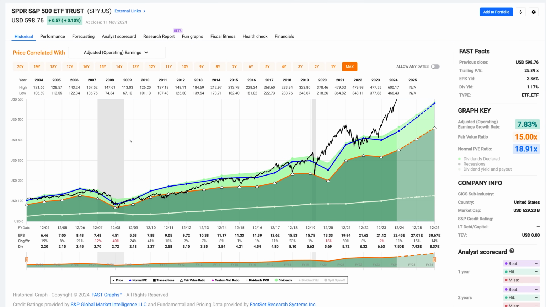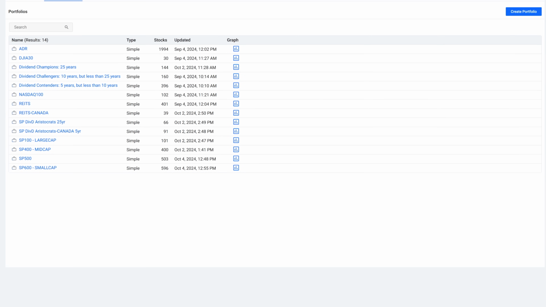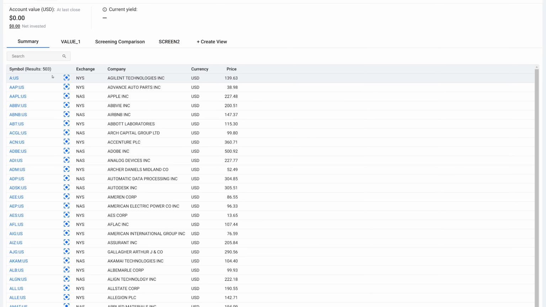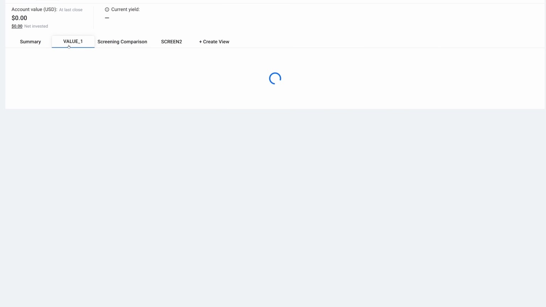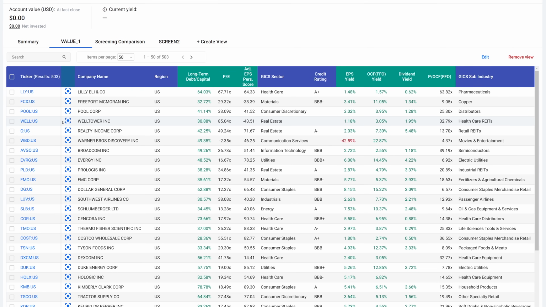But within this group of 500 stocks, there are stocks that are fairly valued, and I thought it'd be worth taking a moment to look at that. One of the things we have in the portfolio section of Fast Graphs is something called preset portfolios. So if I went into the S&P 500 and looked at a view that I call value, which I've created for the S&P 500, what you've got here is a look at all the 500 stocks.